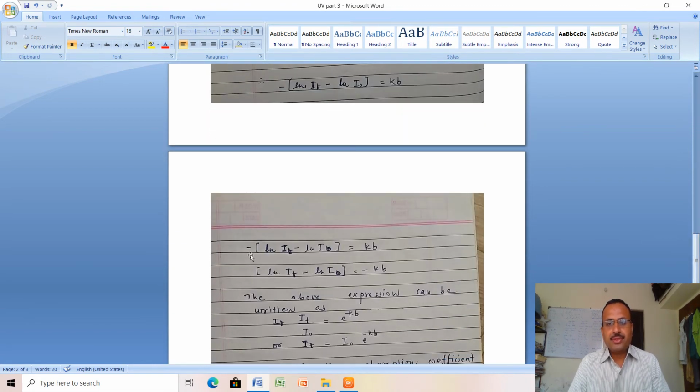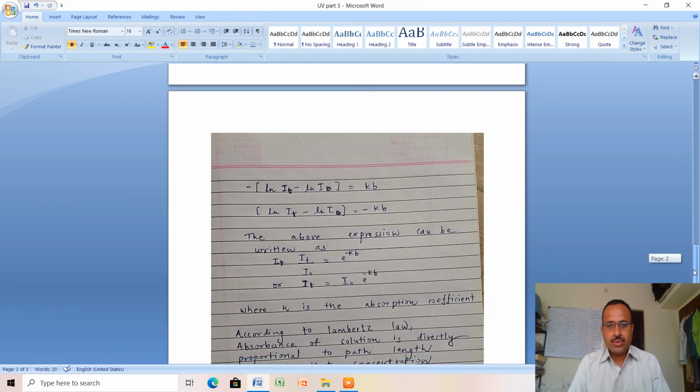Now this negative sign goes to the right-hand side, so it becomes minus kb. So ln It minus ln I0 is equal to minus kb. Ln a minus ln b can be written as ln a upon b, so the equation becomes ln It upon I0 equals minus kb.